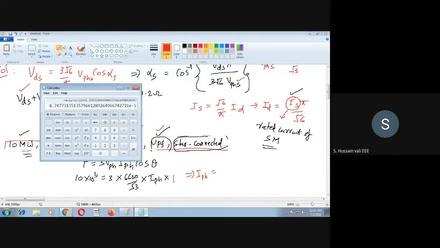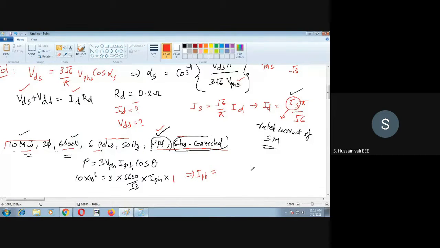So this is 100. So you multiply with 100. So 874.77. This I phase is nothing but IS, because IS is the current here. That current we found out here. It is nothing but IS.